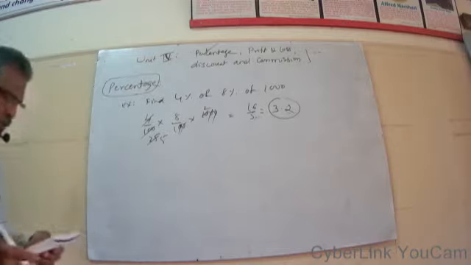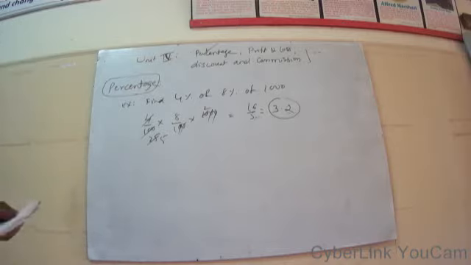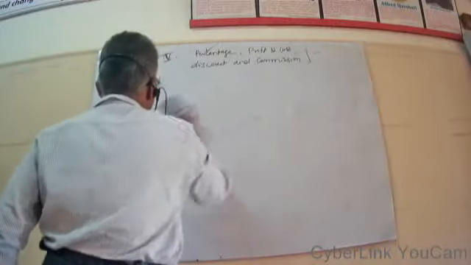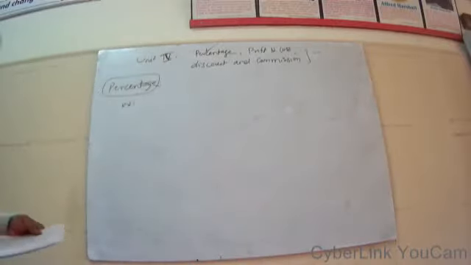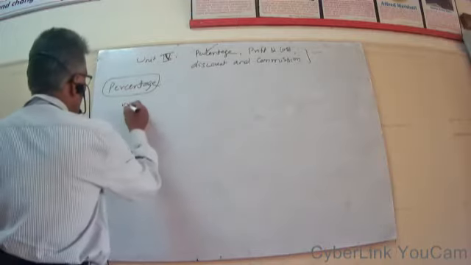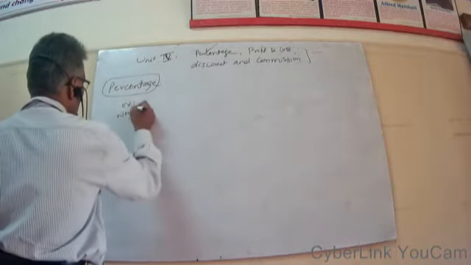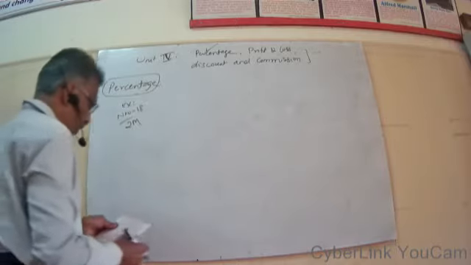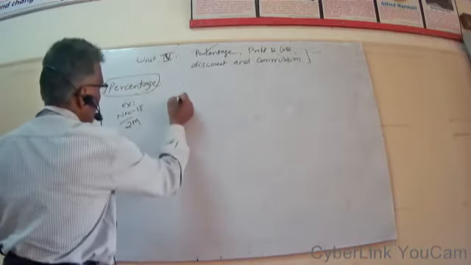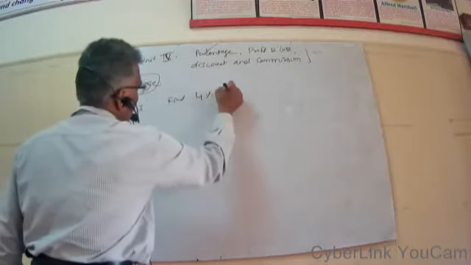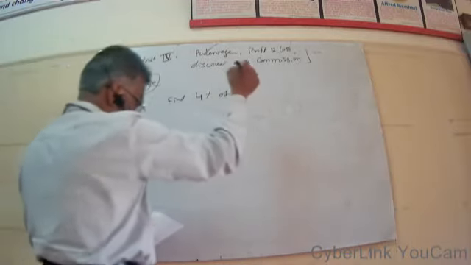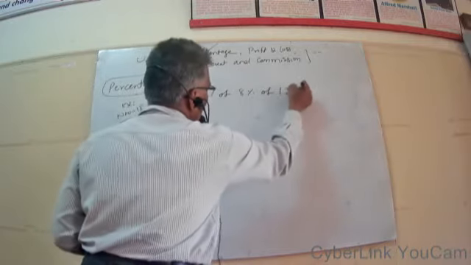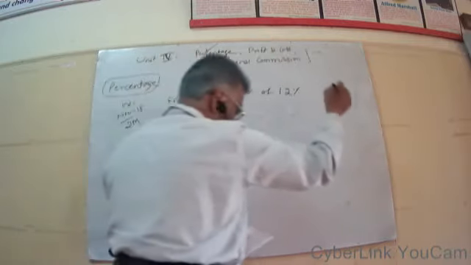This was asked in the previous question paper, November 18. Very easy. You may know it, but it was asked in November 18, a 2 marks question. Find 4% of 8% of 12% of 1,50,000.